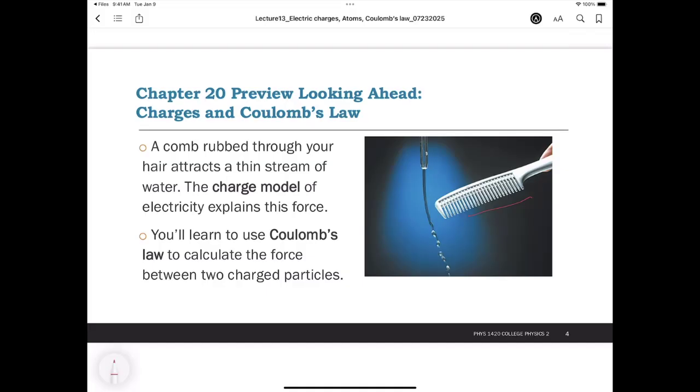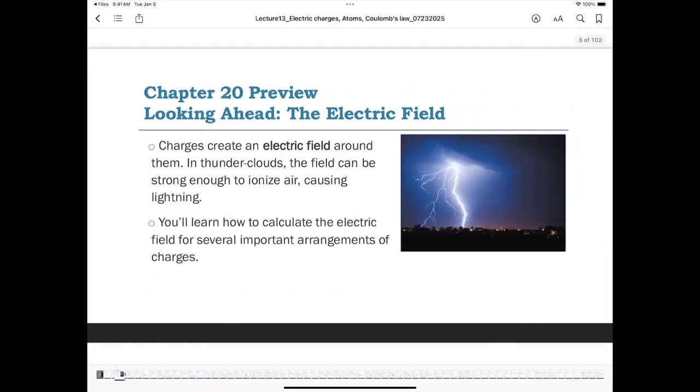You will also learn to use Coulomb's law to calculate the force between two charged particles. Then we will learn about the electric field. Charges create an electric field around them.